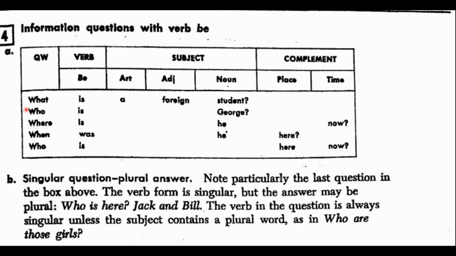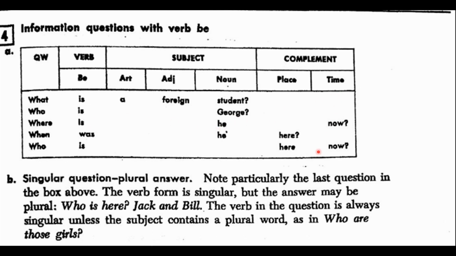So after the question word comes the verb. Here in this case we have verb be. Then the subject, which consists of an article, adjective, noun, or a noun, maybe, like he, and where is he, or where is George.